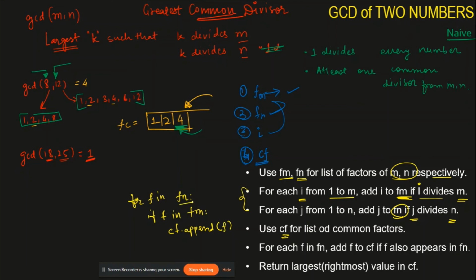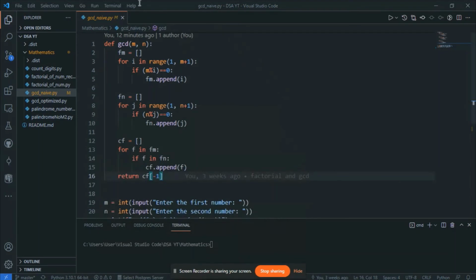If f is present in both fn and fm, then we append it, and we return the rightmost element of cf. So this is simple. We are just calculating the factors of m, the factors of n, then checking the common factors, and then printing the last number of the array. I don't think I need to run this, but let us still.